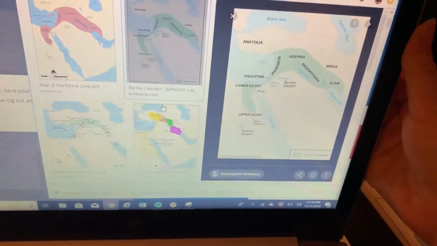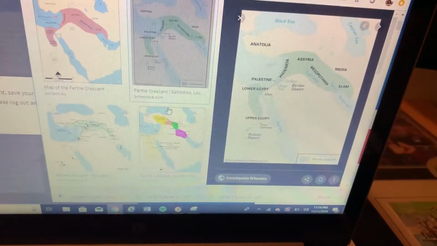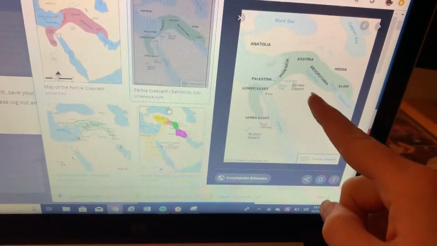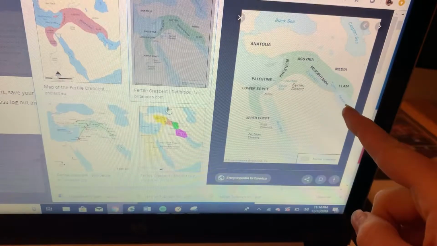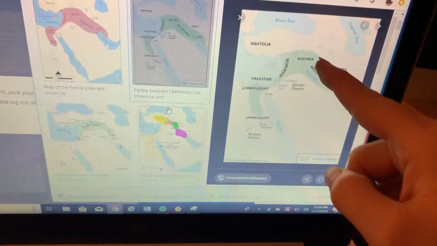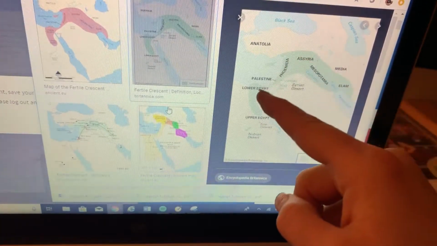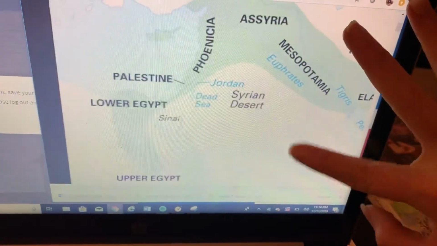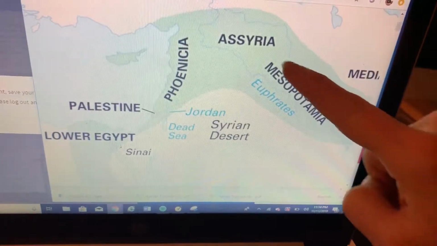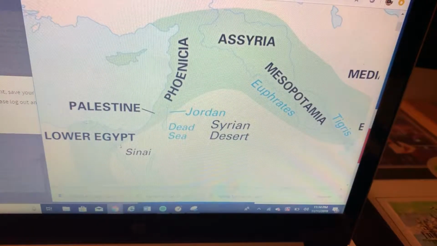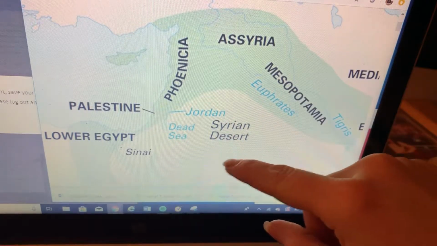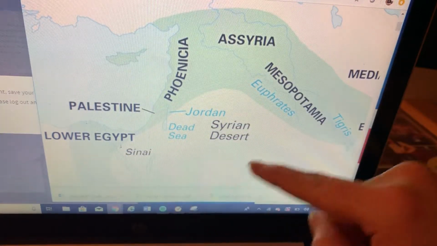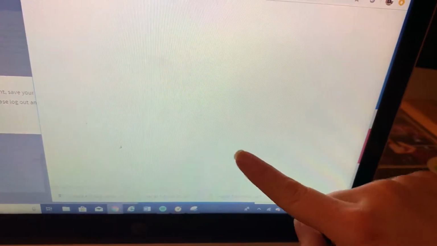All right, so if we look at this map, and this was on our homework assignment from last week as well, here's the Euphrates River, and here's the Tigris River. Now, this whole green part is the Fertile Crescent, but Mesopotamia is this part right in here between the rivers. This is like in modern day Syria and Egypt area. This is where the Fertile Crescent was.